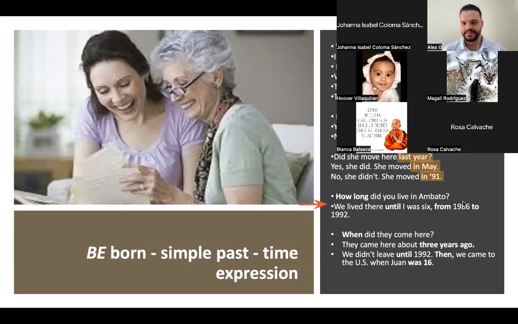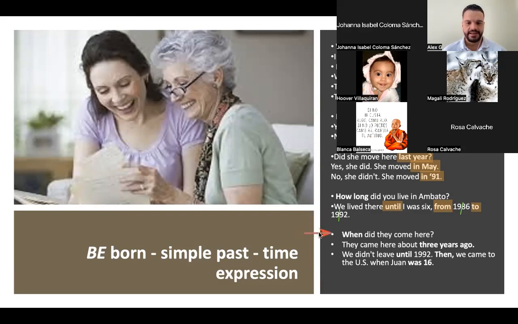We just divide it. So we say 1986 and 1992. And here we have the different expressions, right? Until I was 6, so until a specific point. And for a period of time, we say from to. So I lived in Quito from 2010 to 2013, okay?